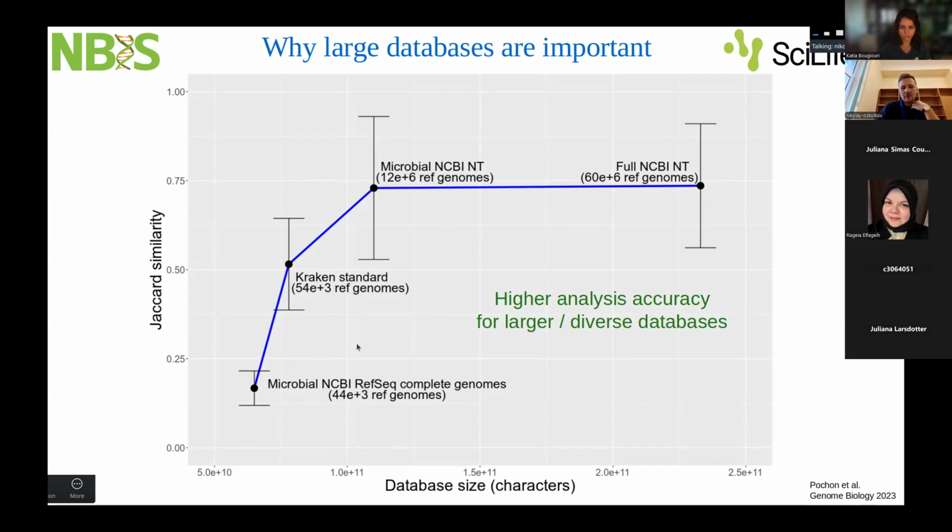Every time we compared the accuracy, the overlap between the reconstructed microbial composition and the simulated ground truth microbial composition, and the y-axis is the accuracy of reconstruction of the ground truth. What we demonstrate is that yes, larger databases are simply more accurate.